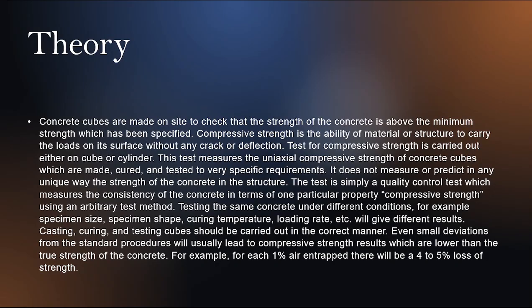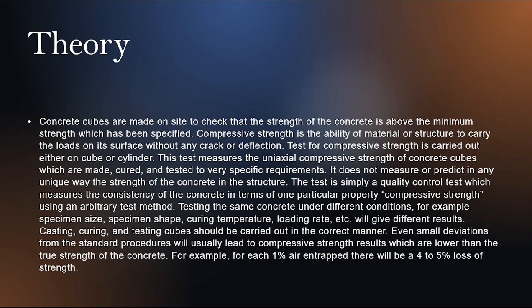Concrete cubes are made on site to check that the strength of the concrete is above the minimum strength which has been specified, because as we know, when building something like a highway or a building itself, you have to know the weight that it's gonna have on those legs of the building.